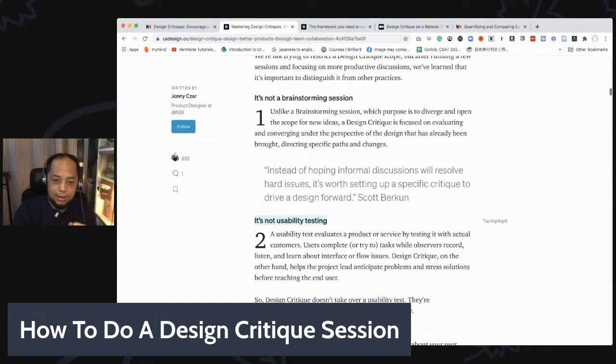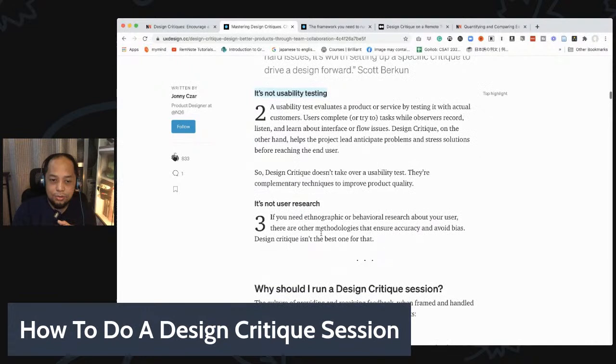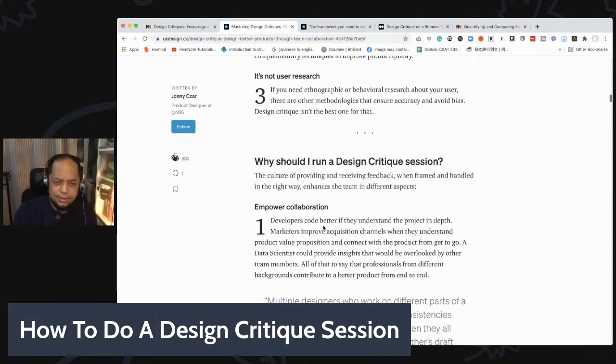It is not usability testing. Yes, agree, it's different. It is not user research. Yes, agree. You need to have done your research if you can, otherwise you might be working on a wrong set of assumptions. Yes, very important.